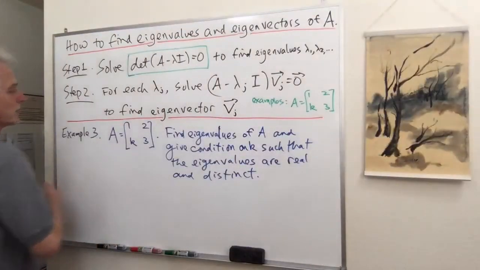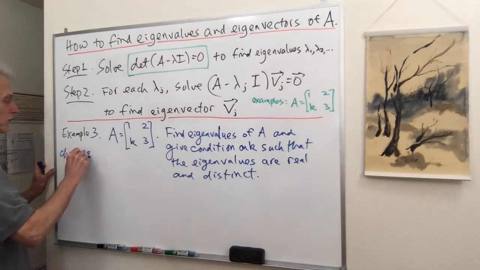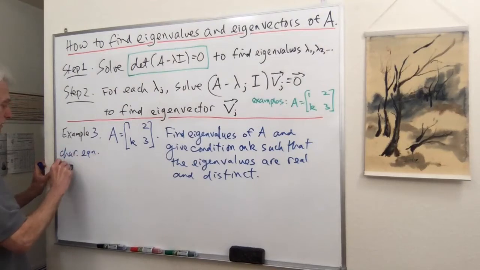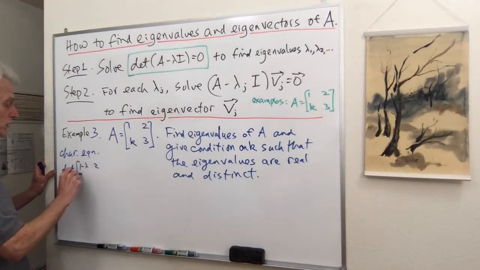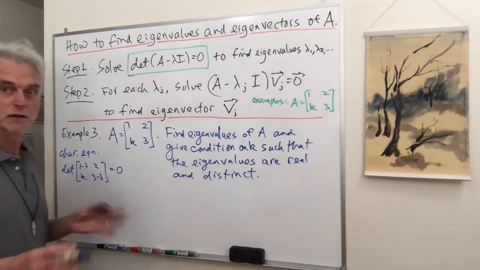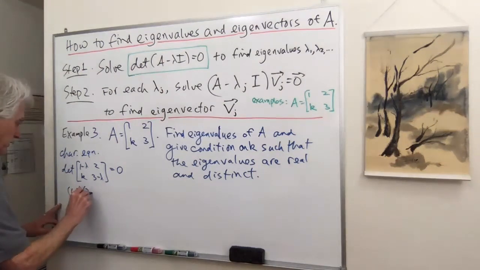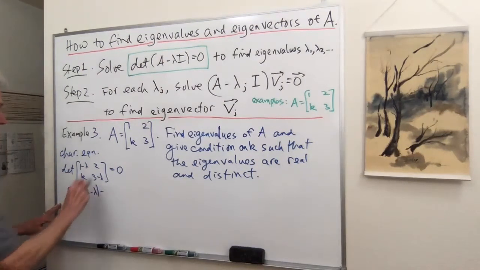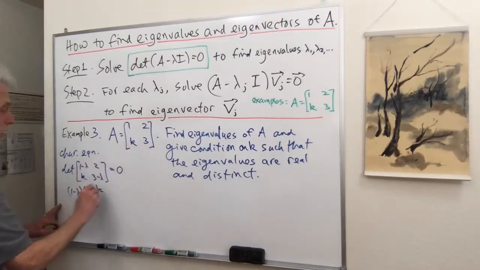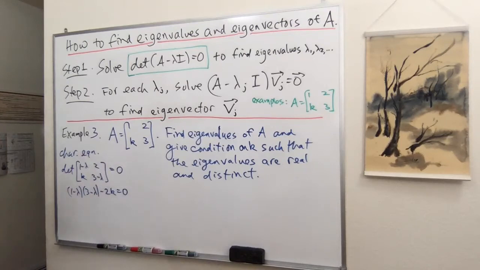Okay. Well, the characteristic equation is the determinant of [1 minus lambda, 2k; 3, minus lambda] equals 0, right? Or (1 minus lambda) times (3 minus lambda) minus 2k is 0, right?